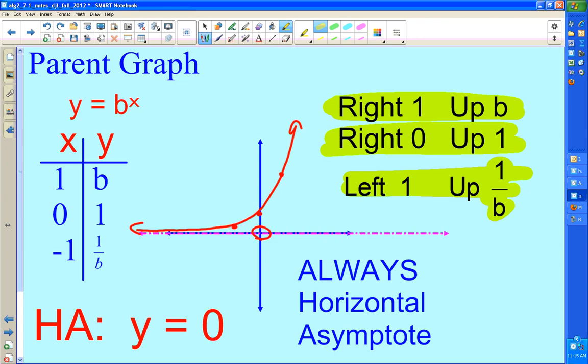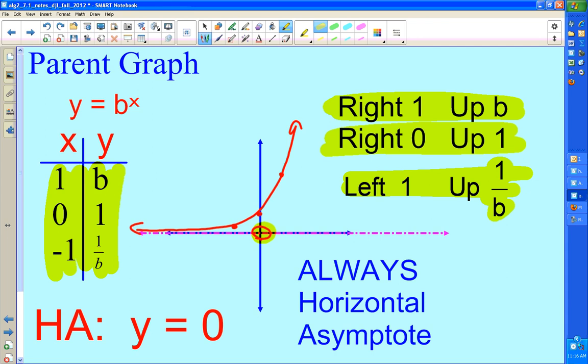So if you look at them as coordinates on the left-hand side here, you can look at these as the coordinate pairs (1, b), (0, 1), and (-1, 1 over b). Notice that this is the first time this has happened for us. The most important point on our graph, the origin, is not on the graph itself.